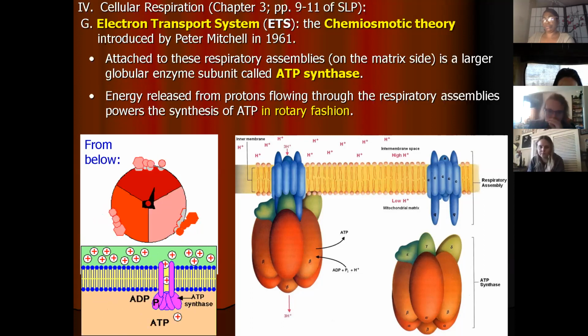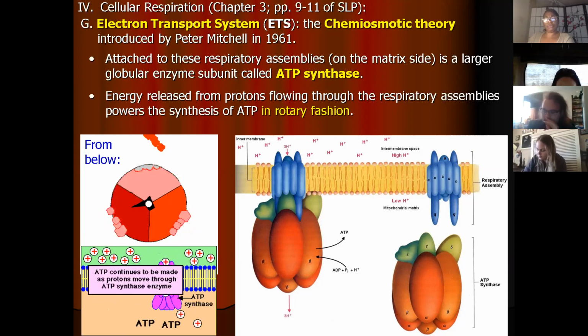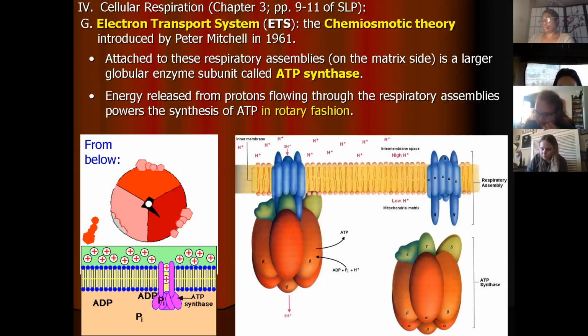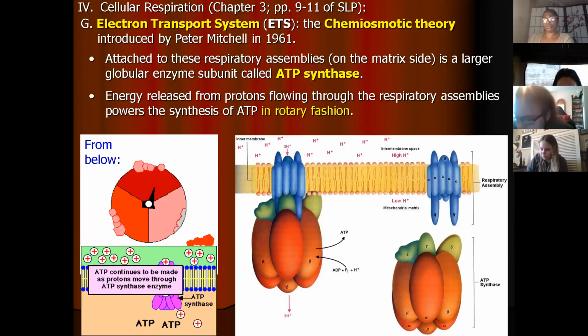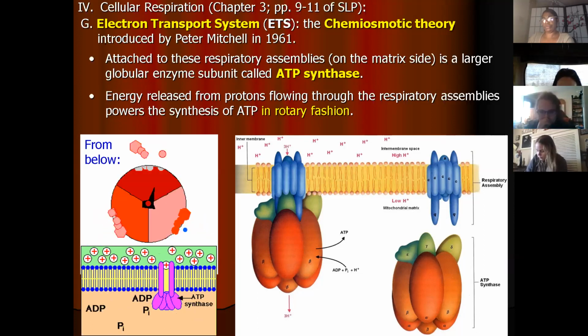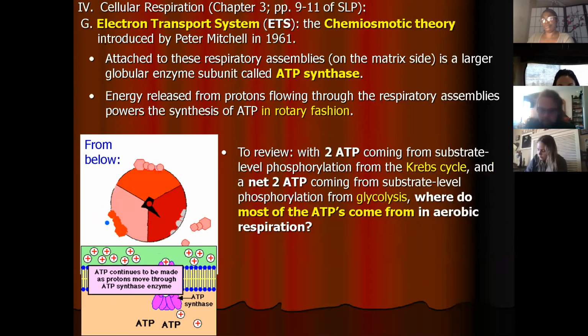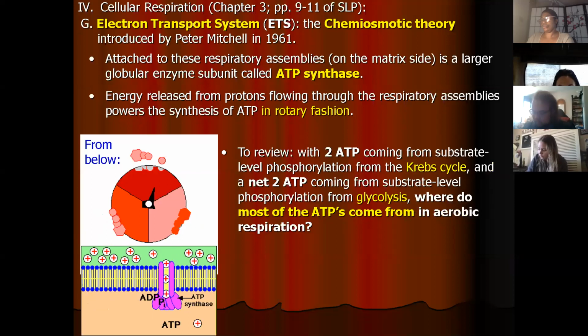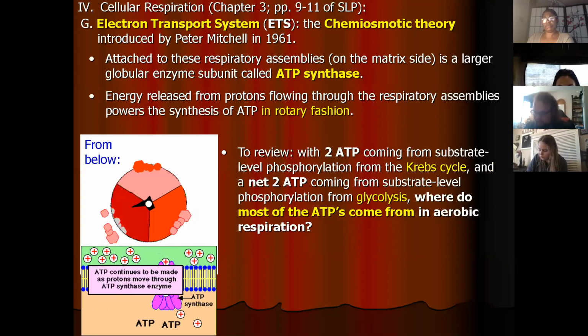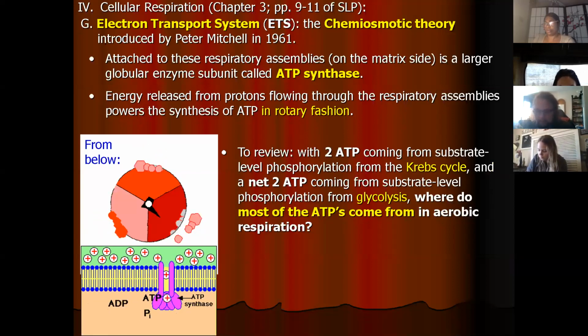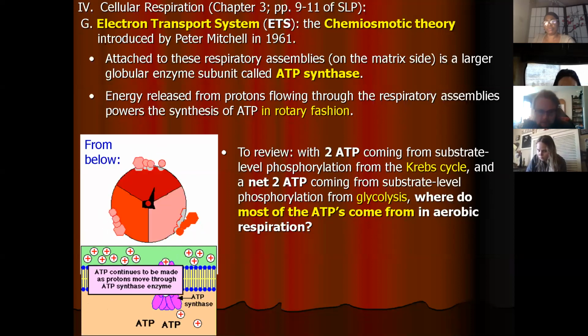This is why we're going to get 32 out of the 36 ATPs from this. Okay. You get 2 from the Krebs cycle, you get 2 from glycolysis, 32 come from this.